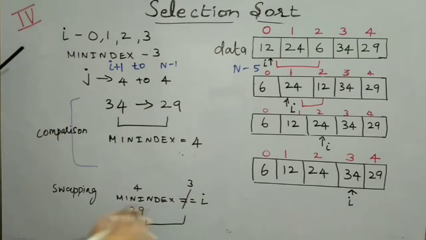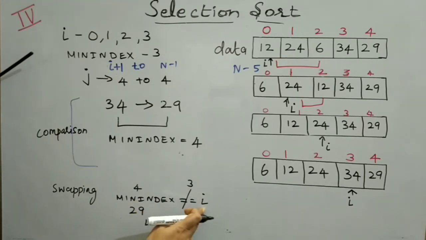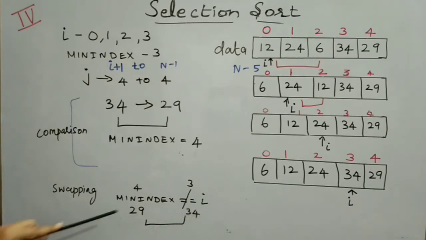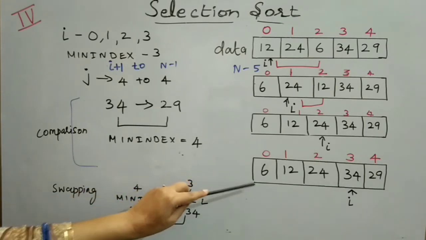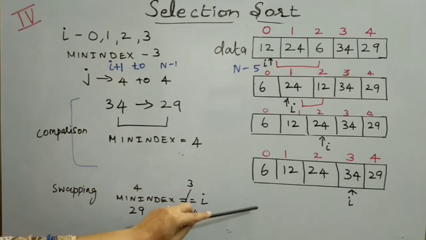When we perform the swapping procedure, when minimum index is not equal to I, that is, the index position of the minimum value 29 is not equal to the appropriate position, we swap. Here 4 is not equal to 3, so 29 is swapped with the element in ith position 3, that is 34. If we are performing the swapping procedure, again we need to redraw the array. I'll redraw the array now.